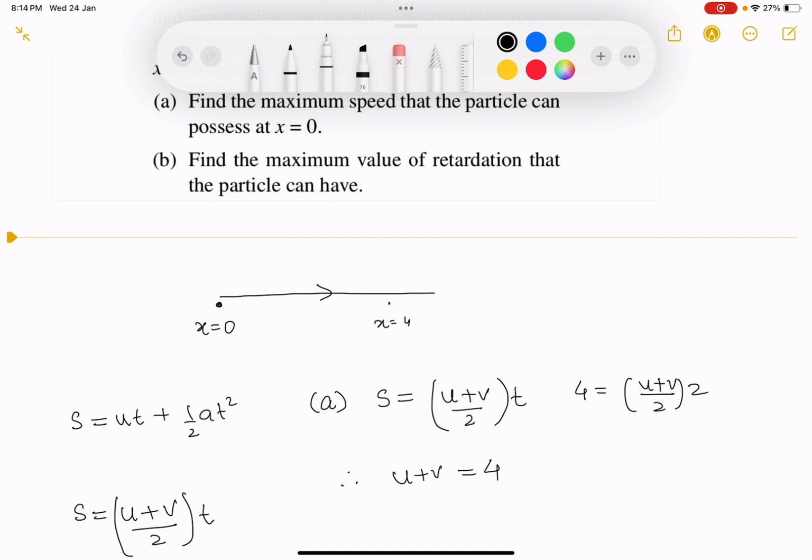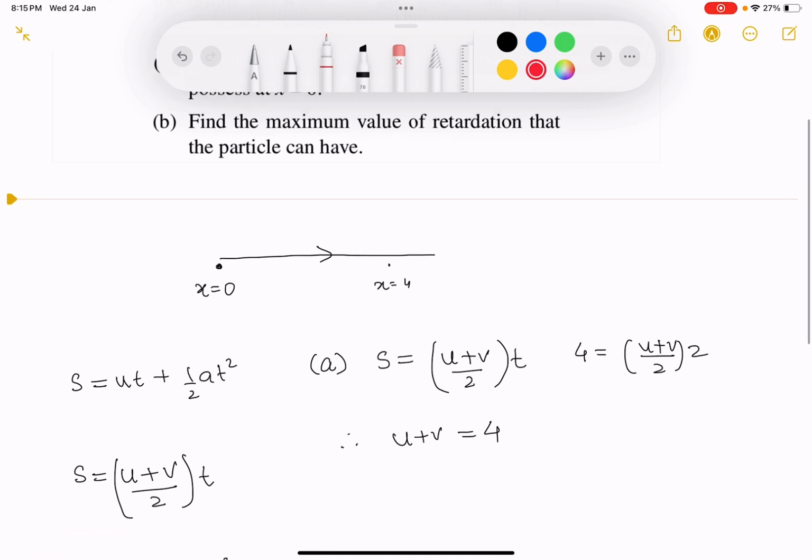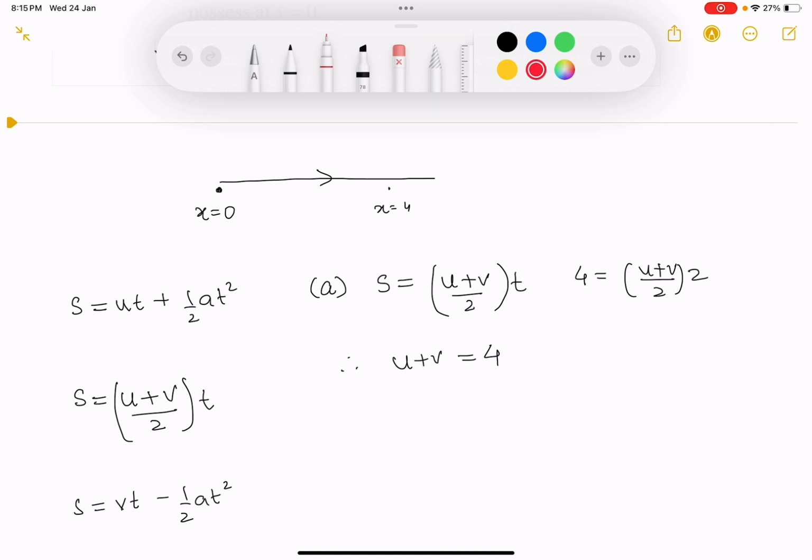Now, since we want the value of u to be maximum, the initial velocity we want to be maximum, we need to have the final velocity as the minimum, and the minimum possible value of that final velocity, we will take it as 0.